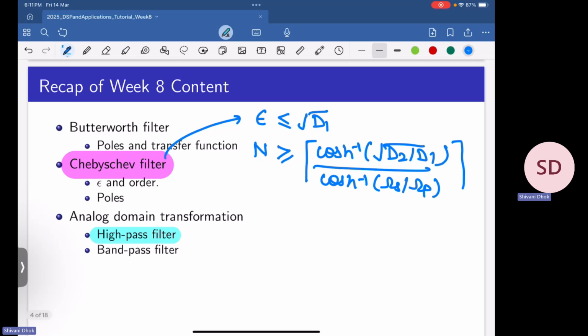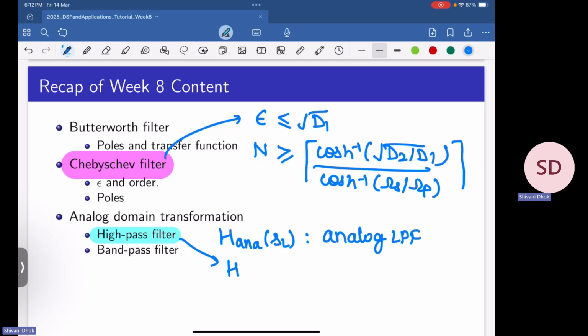So what we do is first design a low pass filter and then do this analog transform to get our desired filter. So suppose we have H analog LP of SL as the analog low pass filter that we have designed, but we want to get a high pass filter.